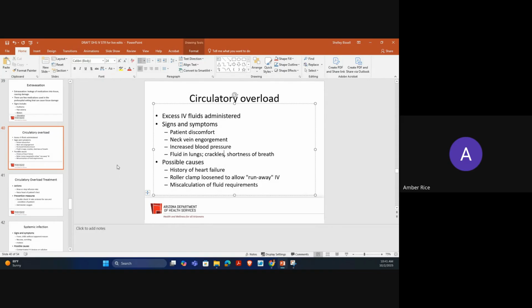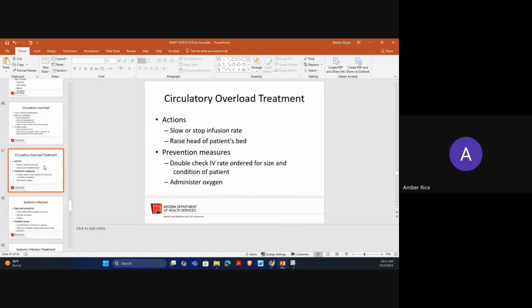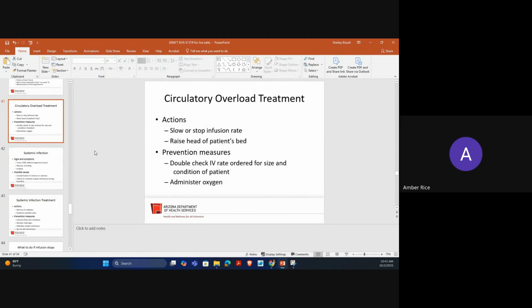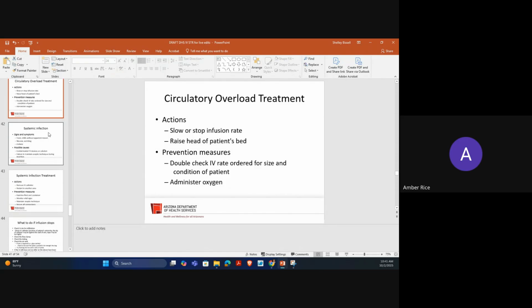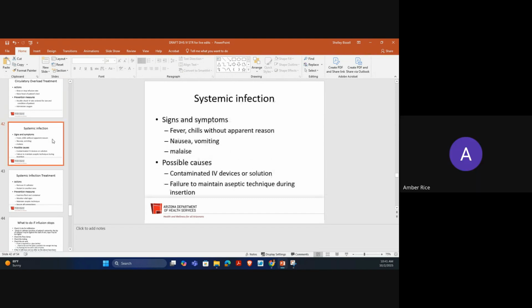Okay. Go down a little more. Yeah. This was another one I wasn't sure we wanted to keep in or not, just because if they're just the person starting it, they're not likely to encounter this.